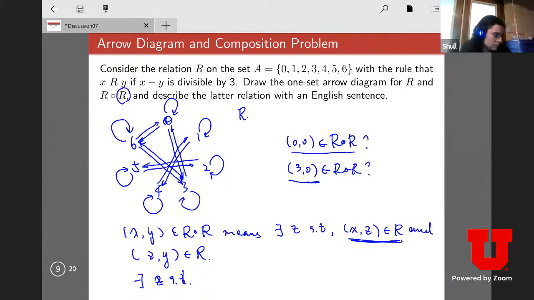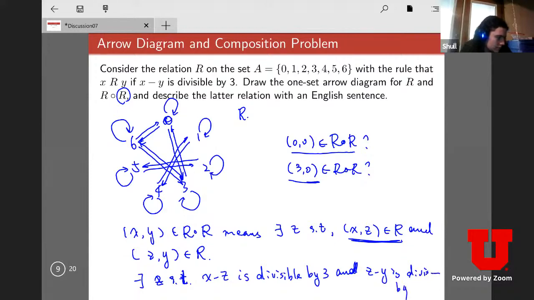So such that X minus Z is divisible by 3 and Z minus Y is divisible by 3. I didn't write the divisible completely. You can do that. Does that make sense? Any questions about this?